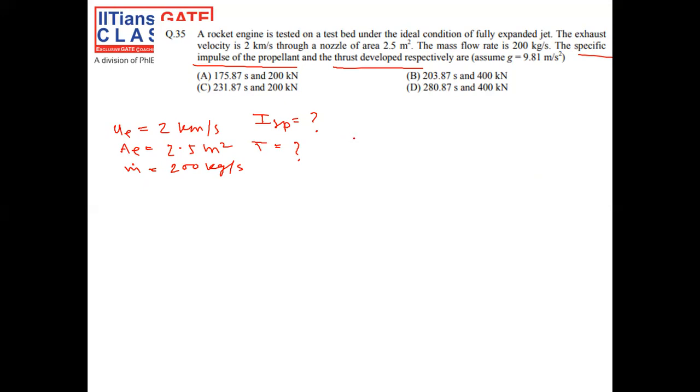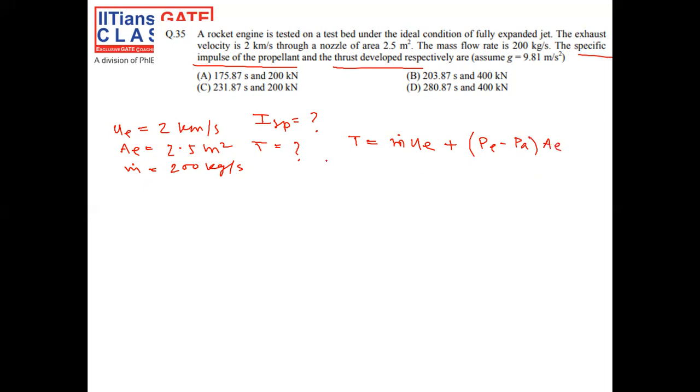Now thrust produced by a rocket is given by m dot Ue, where m dot is the mass flow rate going through the exhaust nozzle, plus (Pe minus Pa) Ae.